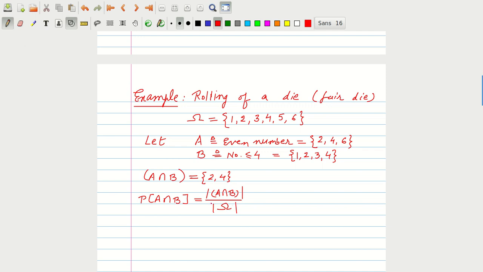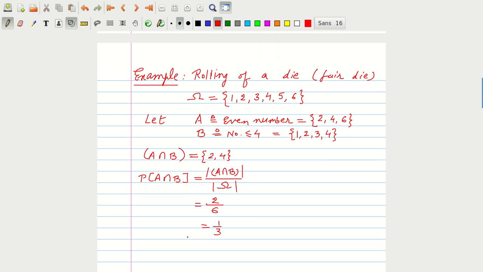Cardinality simply implies the number of points in the given set, which is equal to 2 upon 6, which is 1 by 3. So the joint probability in this case comes out to be 1 by 3.